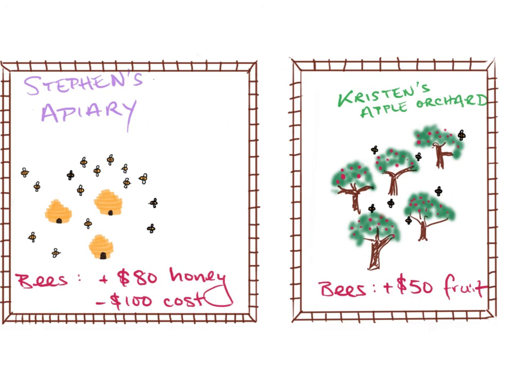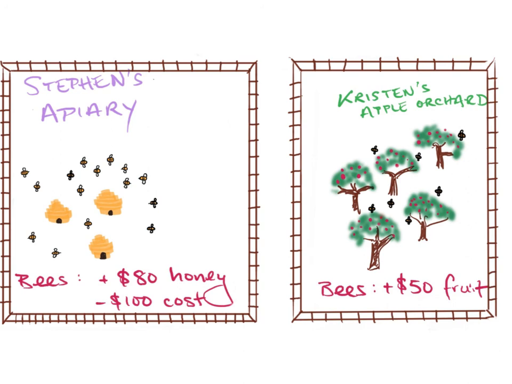The beekeeper keeps beehives and is wondering whether to keep this business open. The beekeeper has been bringing in $80 of revenue from selling honey, but it costs $100 to run this bee farm. So the beekeeper is like, I'm losing money.